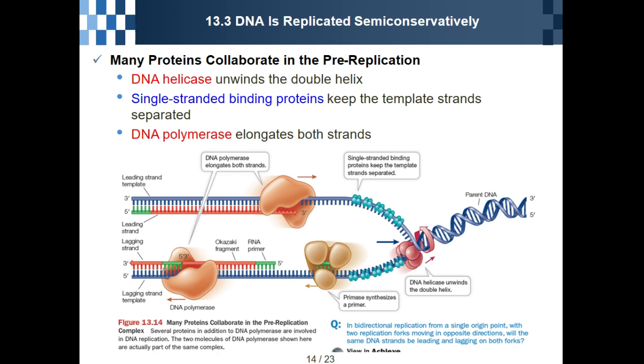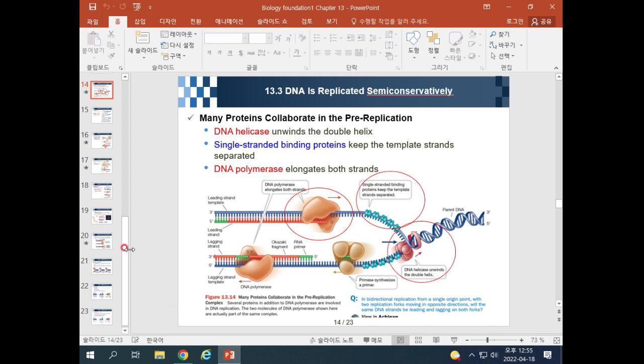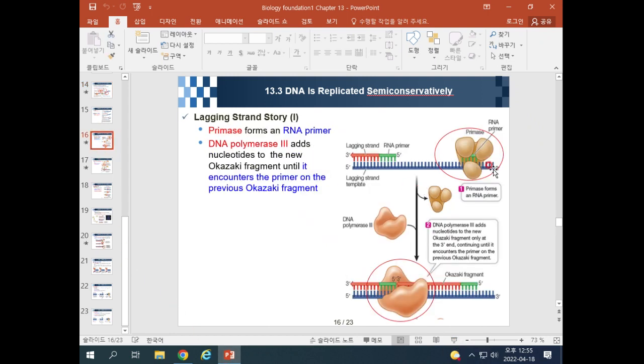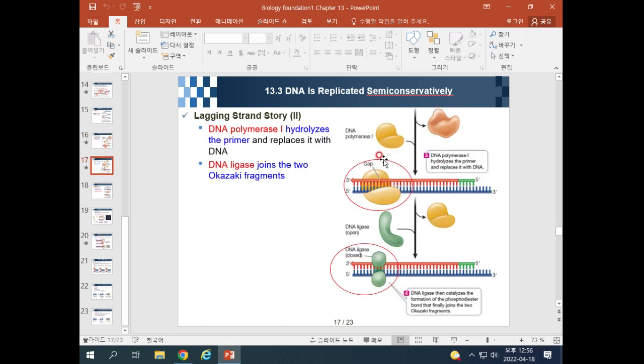Okay, we learned the lagging strand story. Primase forms more RNA primers and DNA polymerase adds new nucleotides. After that, RNA polymerase hydrolyzed, they removed the RNA primer.